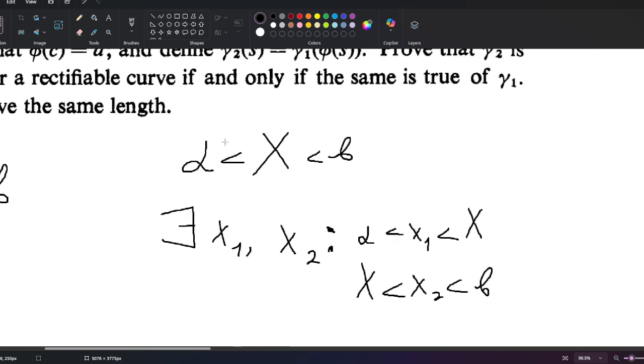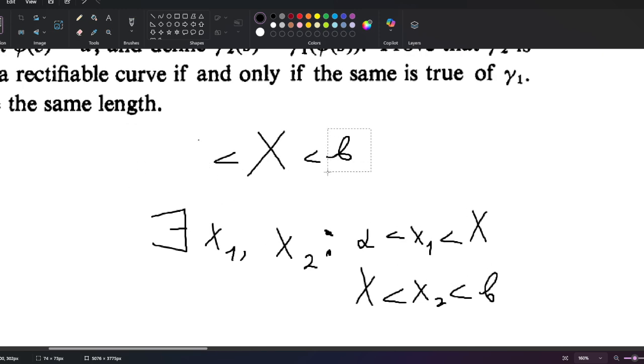Okay, I'm being silly, not A and B, that's C and D here.